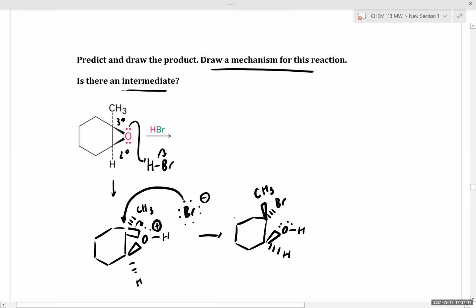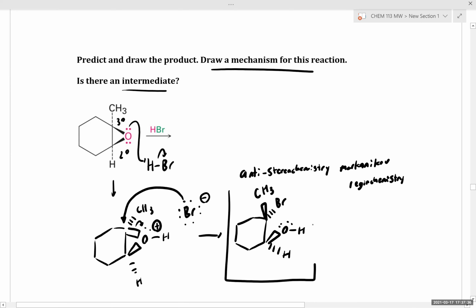So epoxide opening occurs with anti-stereochemistry and Markovnikov regiochemistry. So this would be the single product that we observe as our major product.